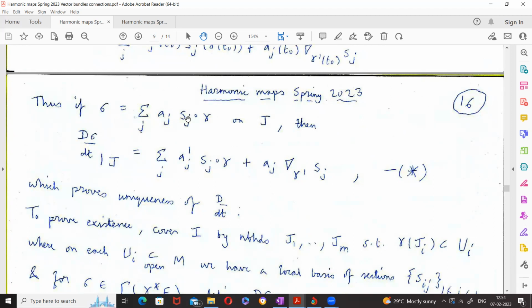It's a linear combination of sections of E restricted to gamma. Is the difference clear? You see what I mean? Okay, it may not itself be of the form S composed with gamma. All right.